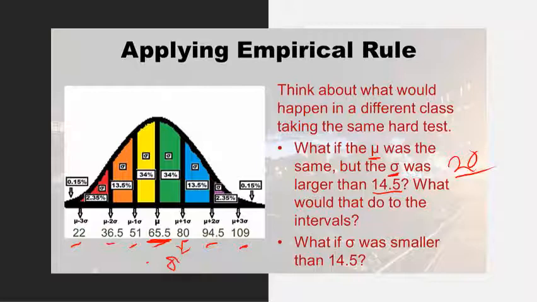That would be 85.5. That would be your first interval after the mean. And same thing over here, this would be 45.5. So if your standard deviation is higher, then your intervals would be a whole lot wider. These would be way wider.